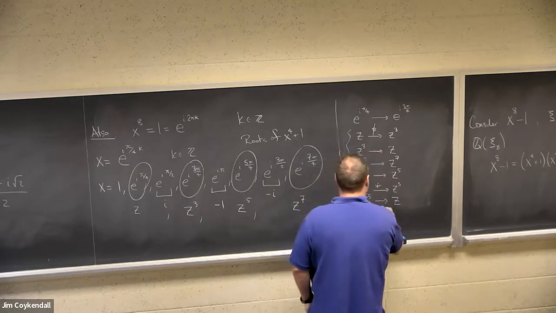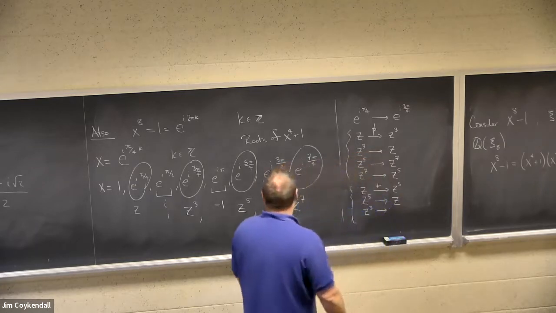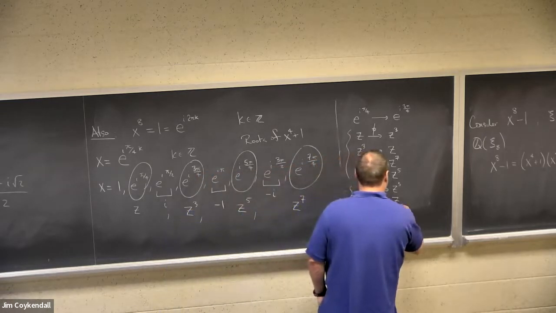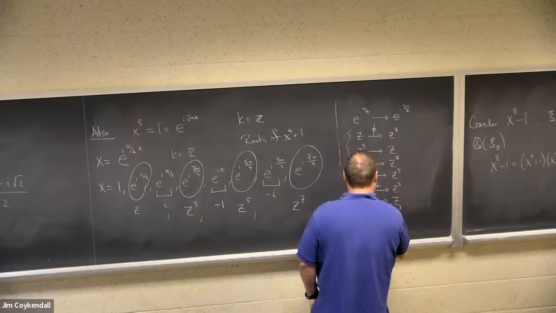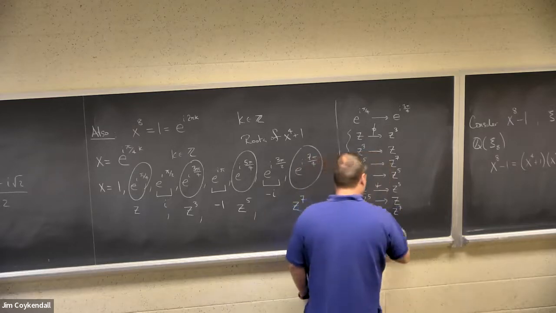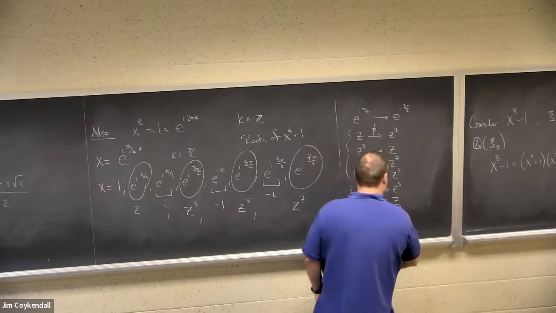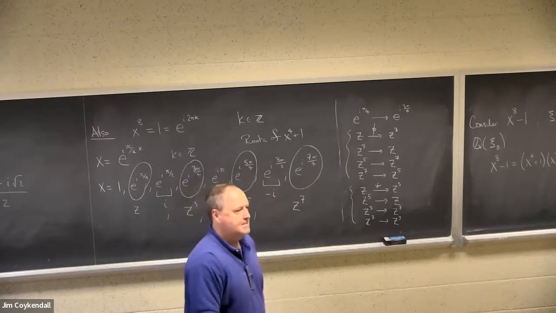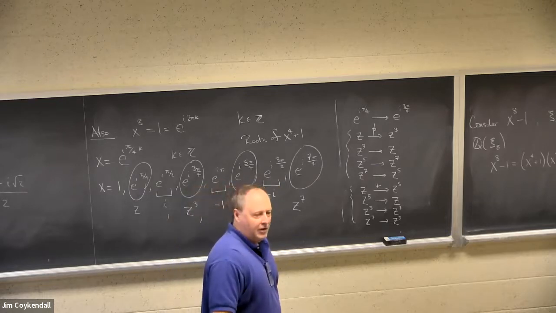Z cubed goes to Z15, which is Z7. And Z7 goes to Z35, which is Z. What's the order of this object? This is also order 2.